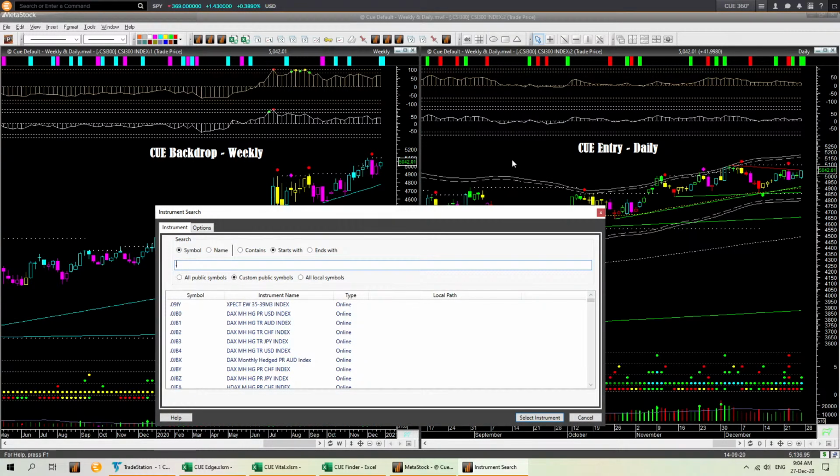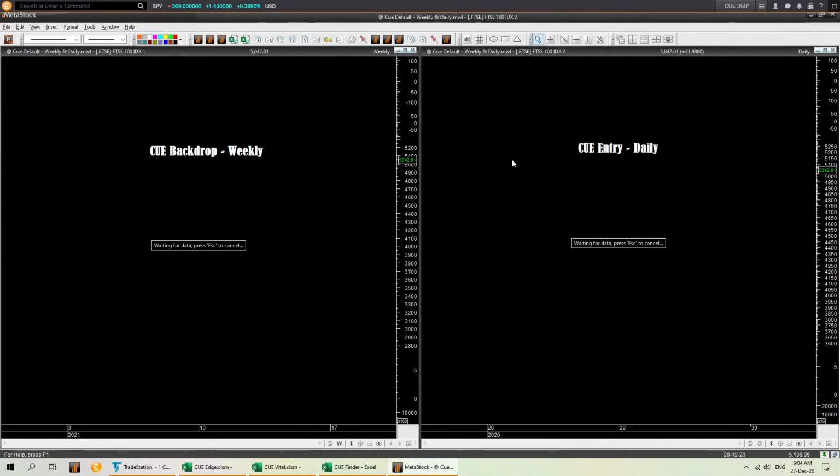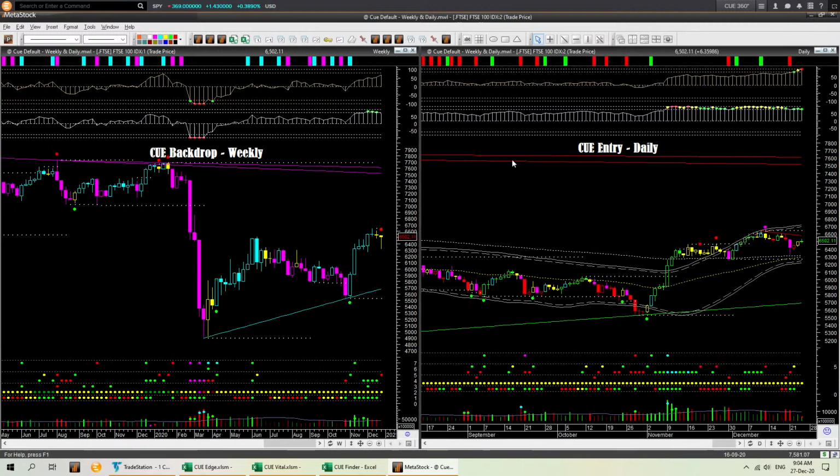UK's market index FTSE. Again, it is moving sideways. After displaying the bearish headwind, price could not go up. It has a resistance memory at the top, and at the bottom, price is supported by both white and yellow direction lines.